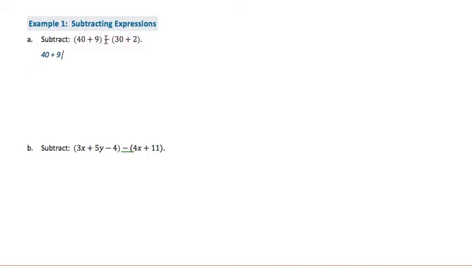And then our subtraction tells us that we have to do the opposite of this sum. And that means that we are going to add the opposite of each term. So the opposite of 30, which is negative 30, and the opposite of 2, which is negative 2.